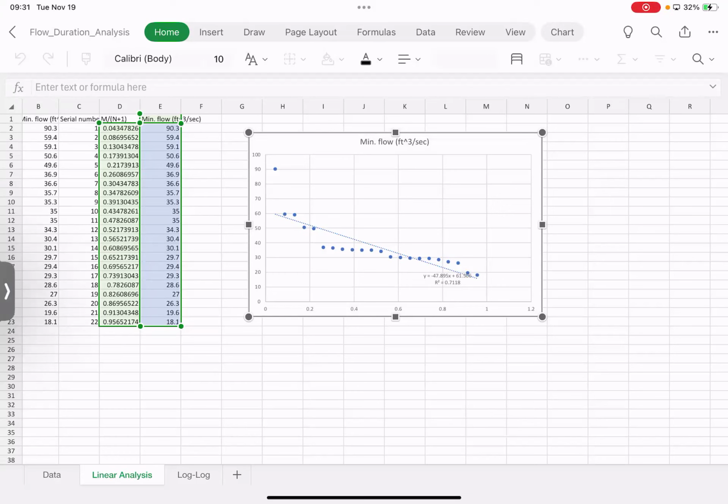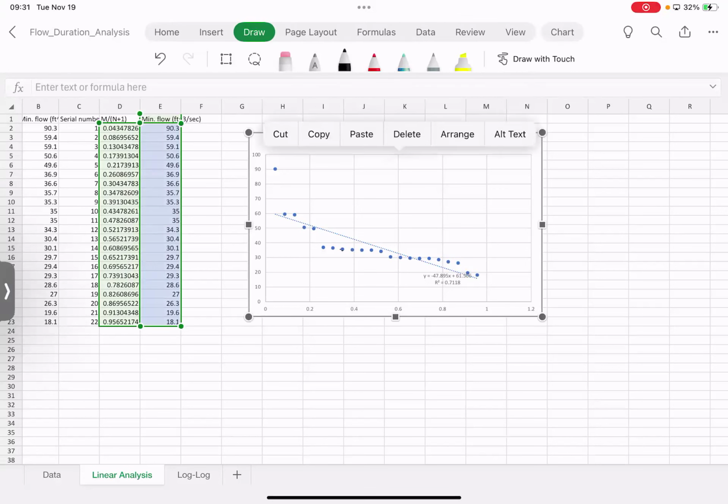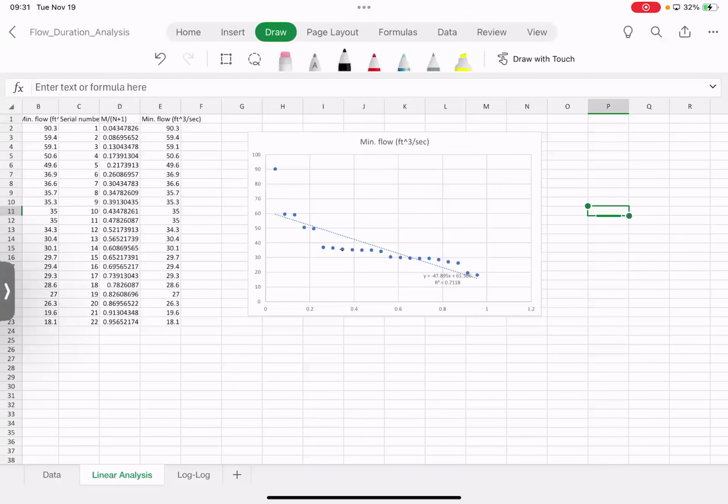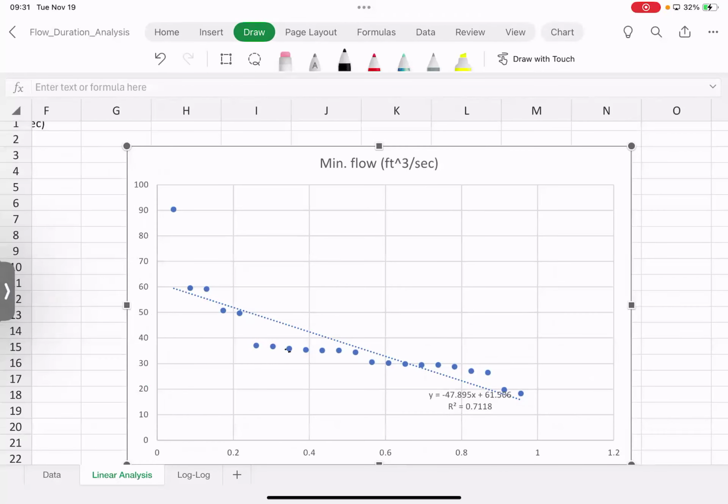In fact, I'm going to try it on my iPad, unsuccessfully, I guess. Okay, I knew it. Should have busted out my laptop. I had the chance.